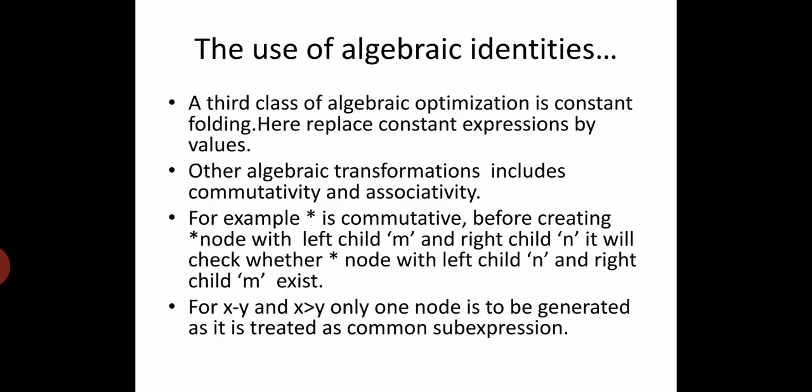So we can avoid the creation of another star node. Then in the case of relational operators also it helps, because x minus y is already there. We can also name it as x greater than y. We need not produce another node for x greater than y, because x greater than y itself checks x minus y.